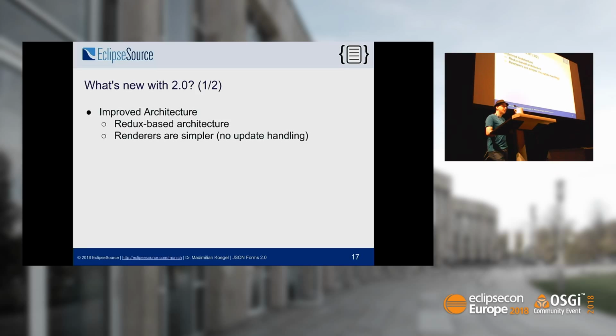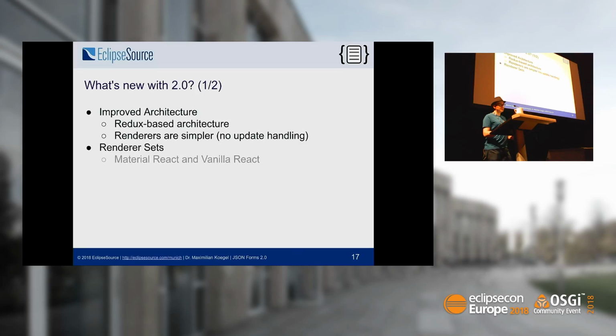Previously with JSON Forms 1.0, the renderer would also be responsible to pick up changes in either the data or the schema or the UI schema. This is now driven by the framework. So when your renderer needs to re-render, it's triggered by the framework. There's no need to register for change events or anything like that. So the renderers become really a simple one-shot renderer.